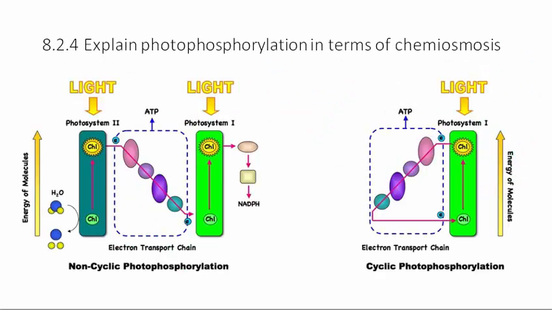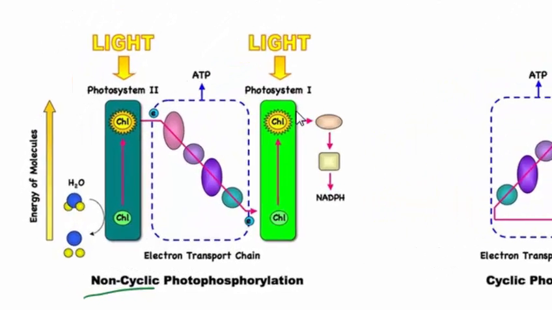The next assessment statement says, explain photophosphorylation in terms of chemiosmosis. So, there are 2 types of photophosphorylation. There's non-cyclic and cyclic photophosphorylation. The non-cyclic version over here on the left is what you're already familiar with, which I explained earlier. You excite the electrons in both photosystems.